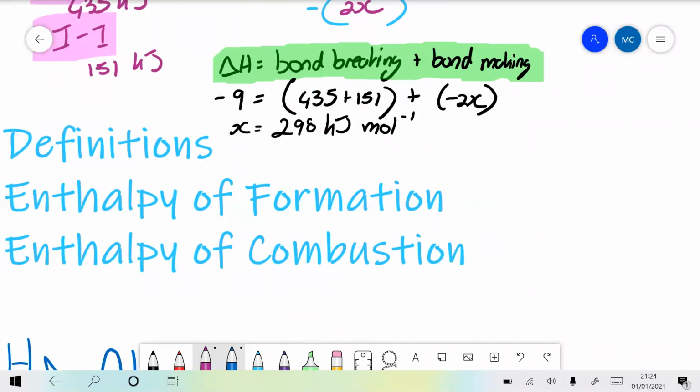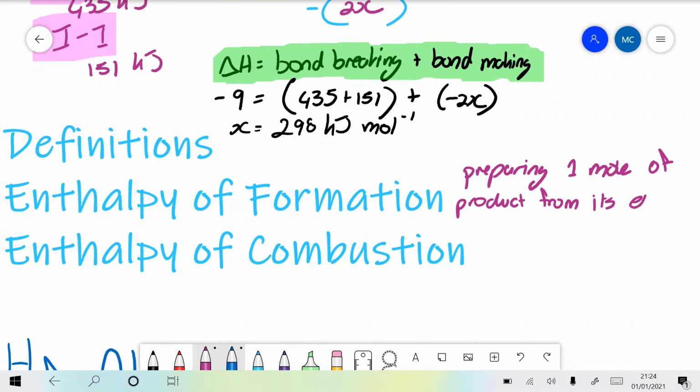Here, the enthalpy of formation is preparing 1 mole of product from its elements at STP, okay?